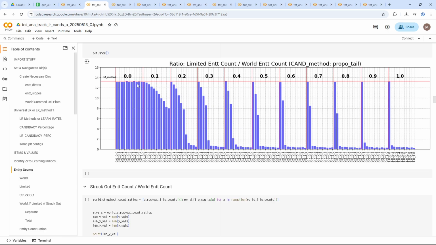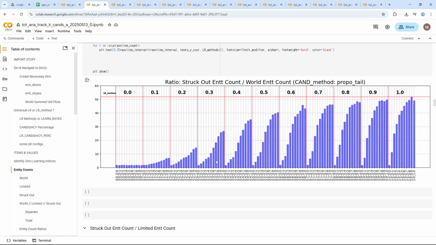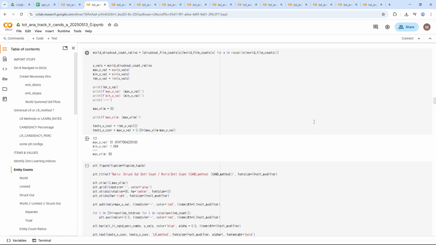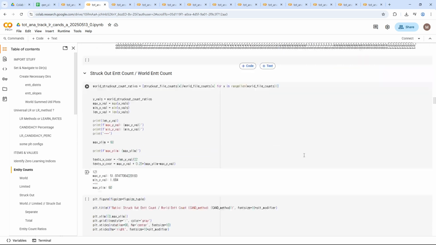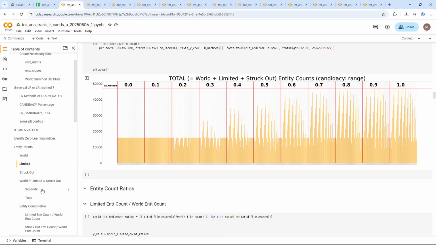They start way up there and then start falling down as well, as there are fewer and fewer limited entities, because the ones that would have been limited out of the population get struck out first, which is apparent here. So where this decreases, this increases, which is the same here.